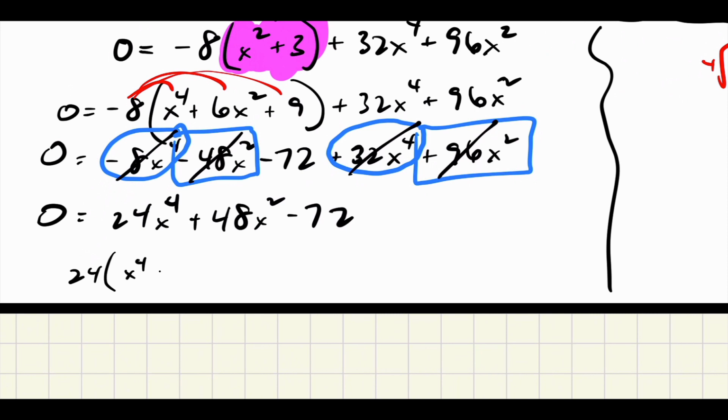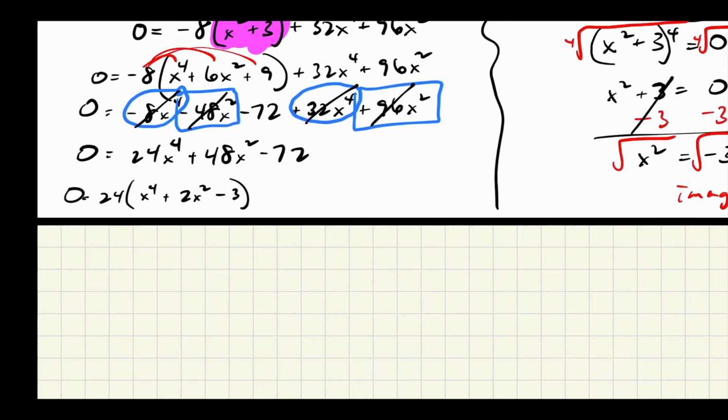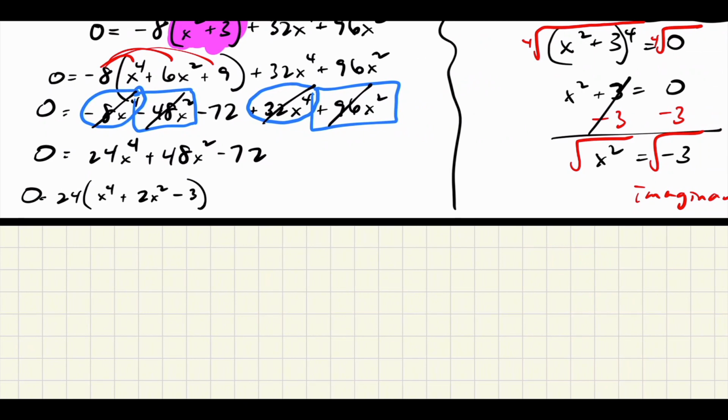X to the 4th, 2x squared. And I believe it's times 3. Twenty-four times 3, 2, yeah. So I'm going to factor the trinomial.